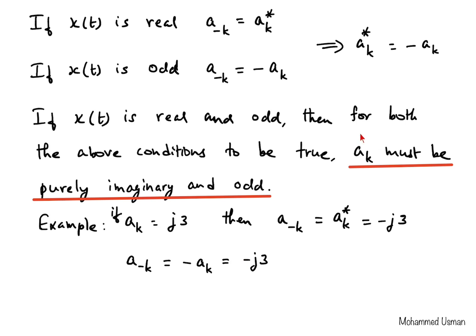So by choosing the value of ak to be purely imaginary, both these conditions are satisfied, which is a minus k is equal to ak star, and a minus k is also equal to minus of ak, right? We see that this condition is satisfied. So what we see is that if the signal is a real and odd signal, then the Fourier series coefficients ak will be purely imaginary, and they will also be odd.